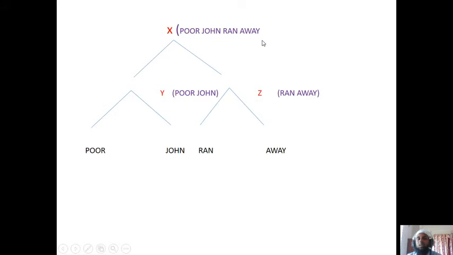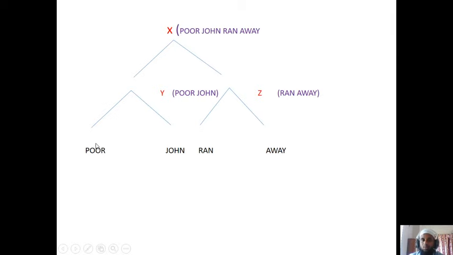Or you can analyze the sentence from upward downwards. Say Poor John ran away, then structurally it has some elements, like Poor John is subject and ran away is verb phrase, and then you divide Poor John into Poor and John and ran away into ran and away.